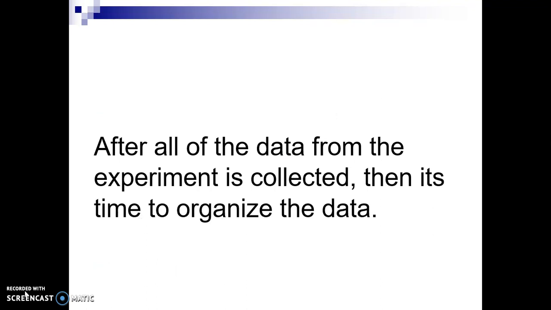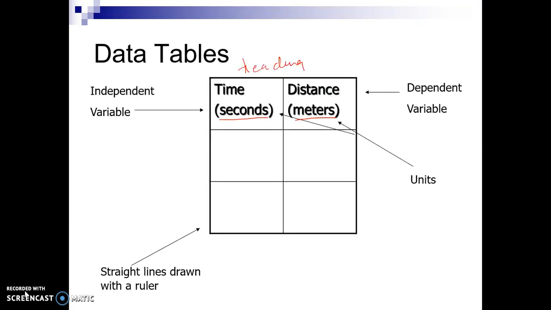After all the data from the experiment is collected, it's time to organize the data. How do we organize it? You have to make data tables. When you're making a data table, you have two types of variables whose numbers you put into it: the independent variable and the dependent variable.